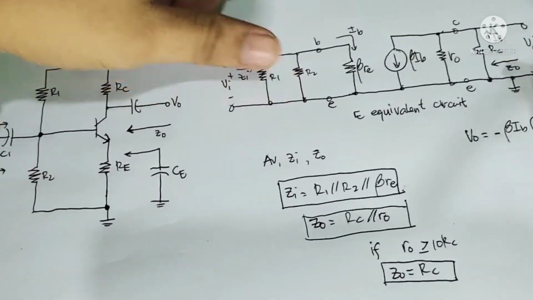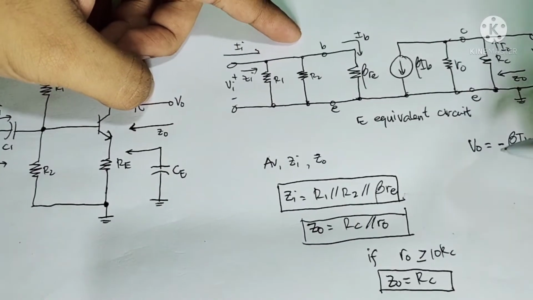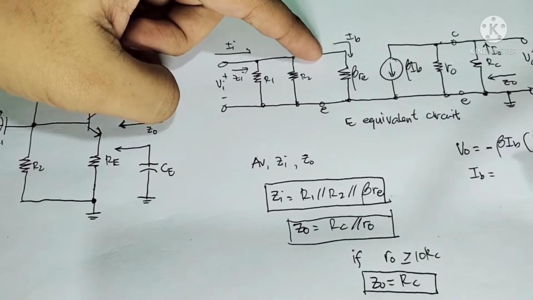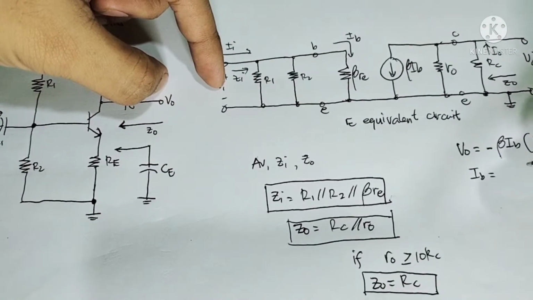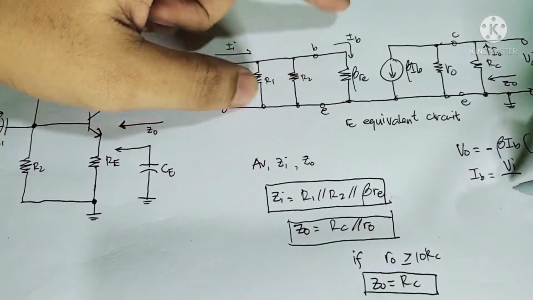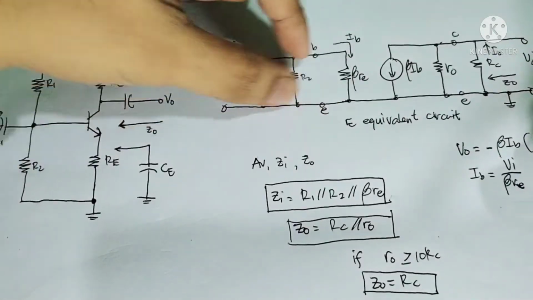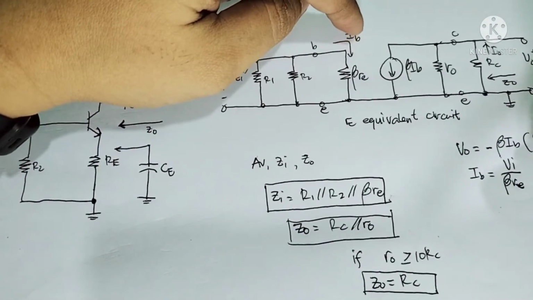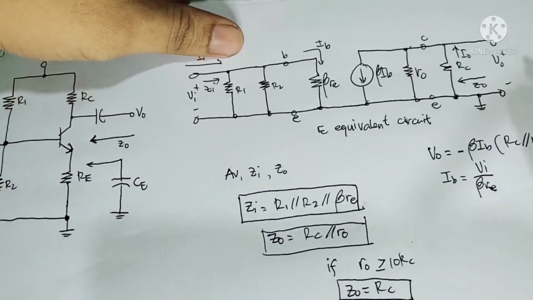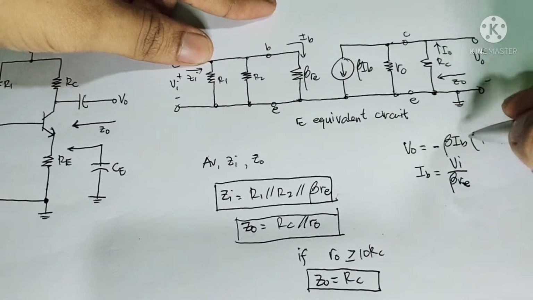And on the input side, I sub B is equal to the input voltage VI divided by beta RE. So substitute this in this formula.